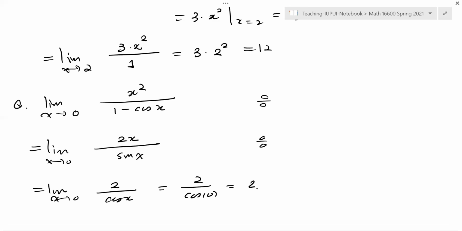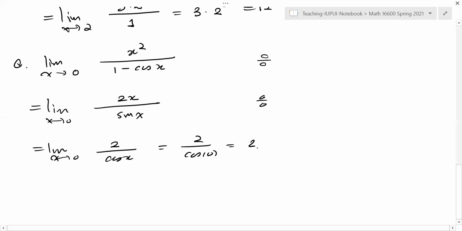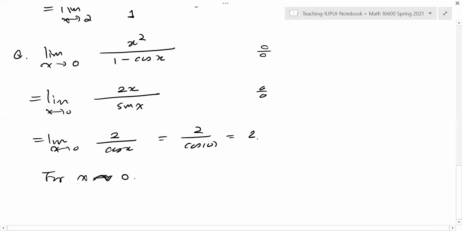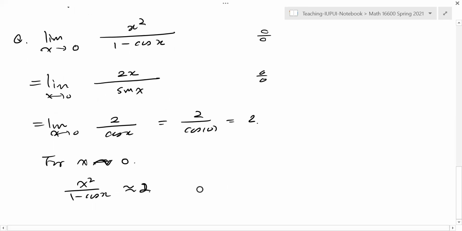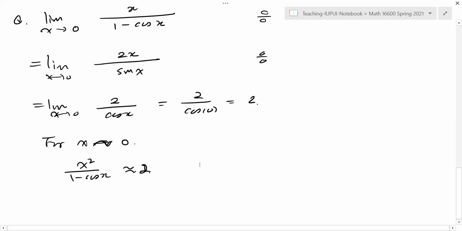So that means when x is sufficiently close to 0, x squared over 1 minus cosine x is almost equal to 2. Let me give some ideas. For x close to 0, I can write something like that.